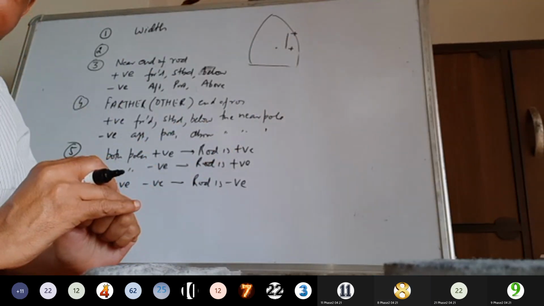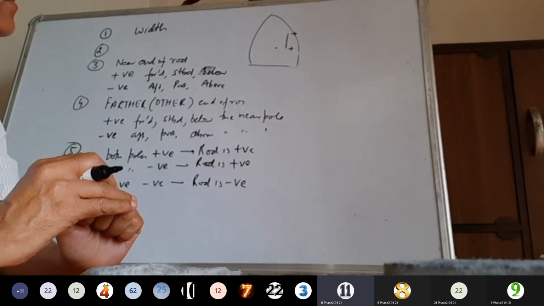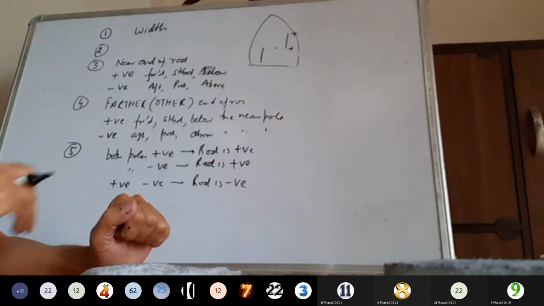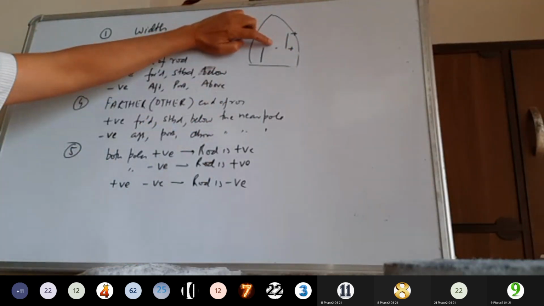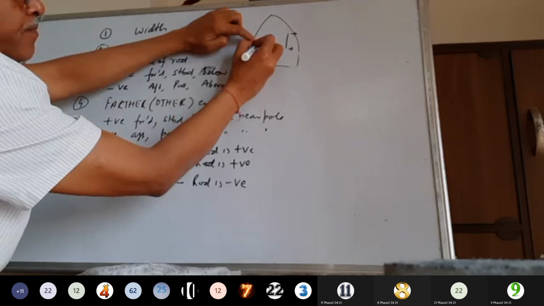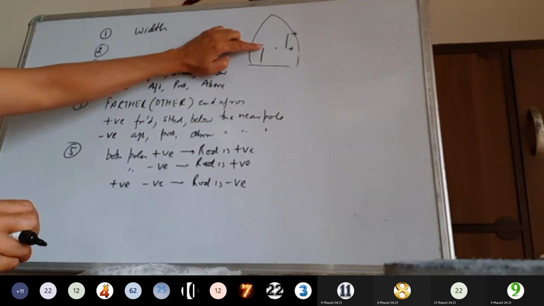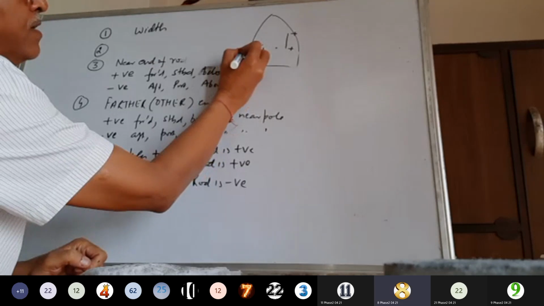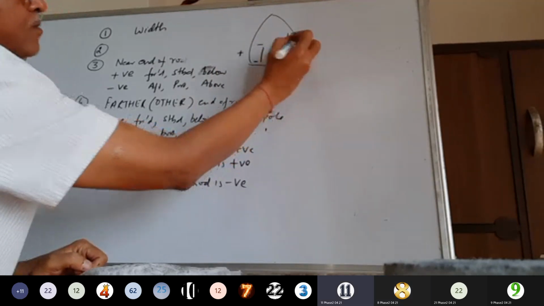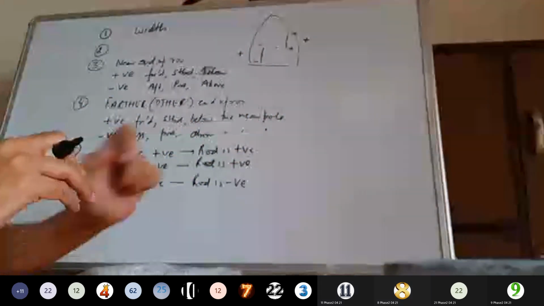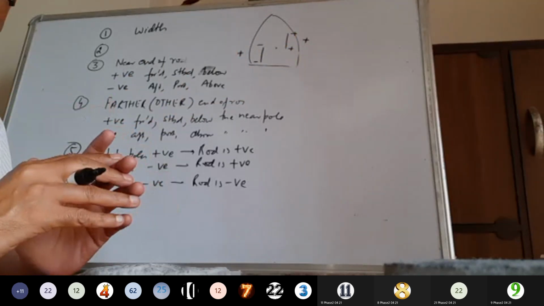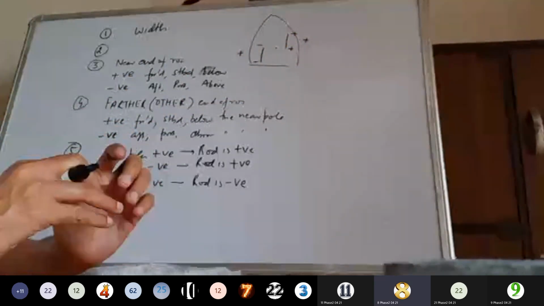Positive. Okay. Now if I show one rod like this, this is port side, so this is negative, and this one is aft of the near pole, so this is also negative. Rod is positive. Clear? Yes, sir.